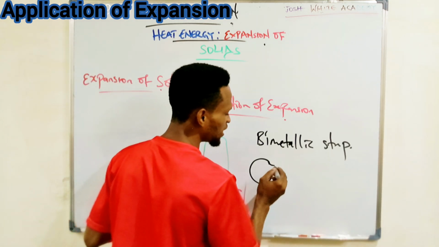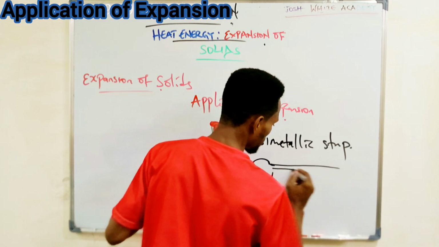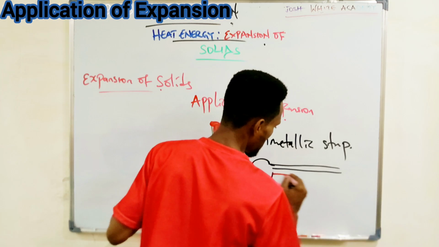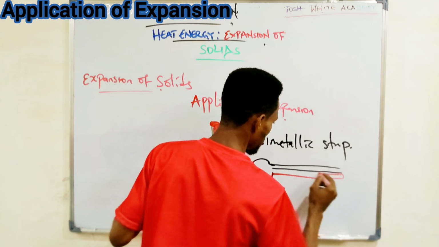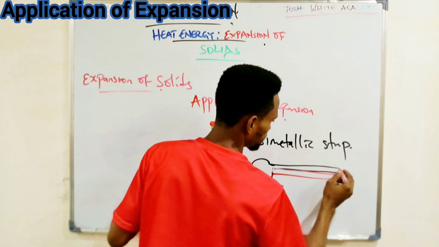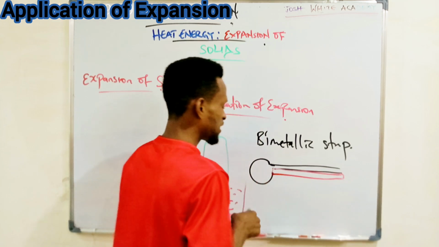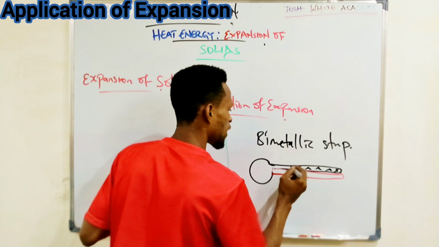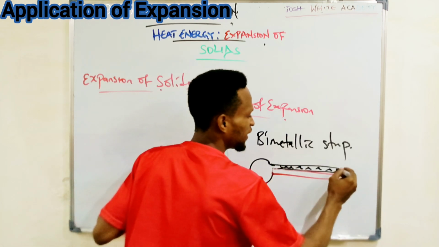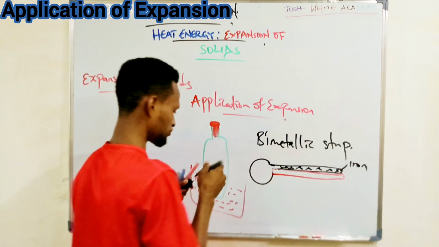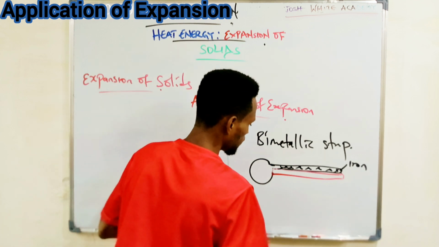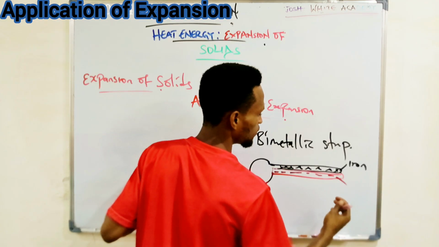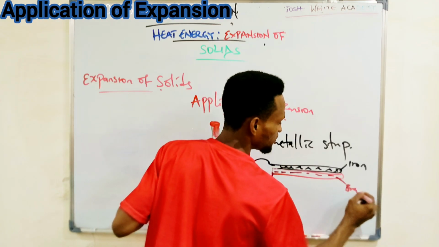Let's say, for instance, this is our bimetallic strip, where here is our iron and here is our brass.